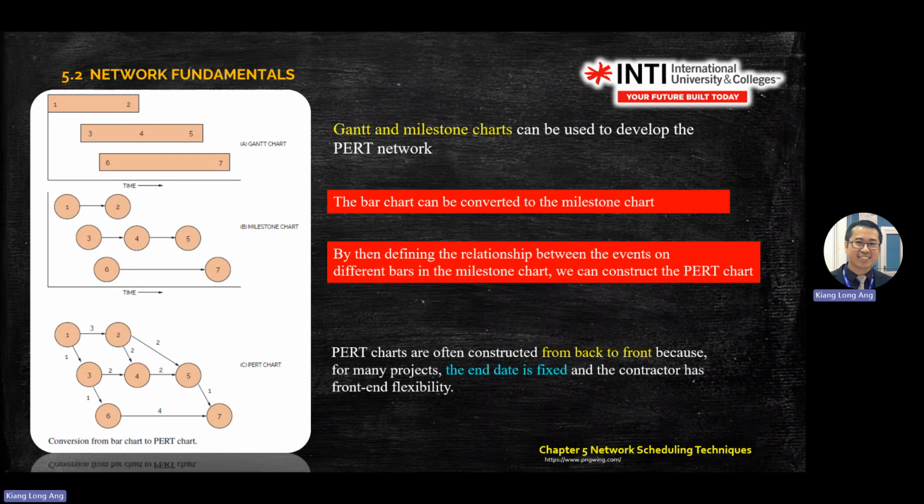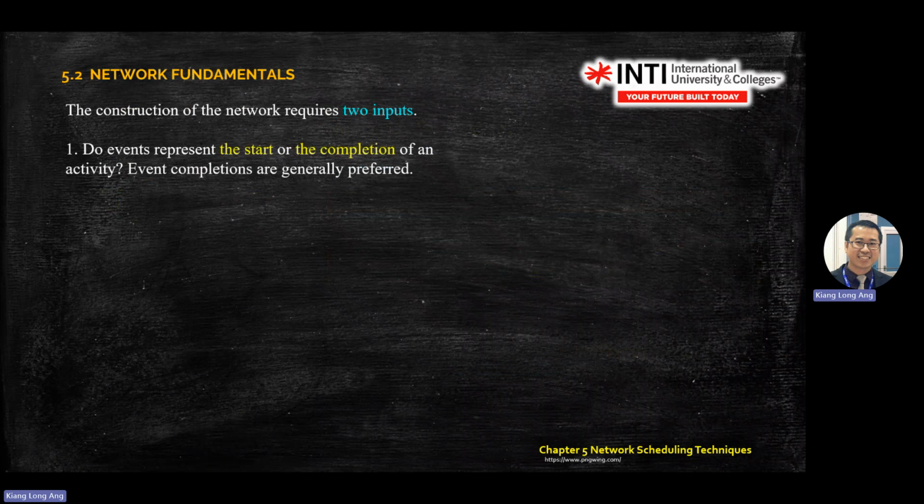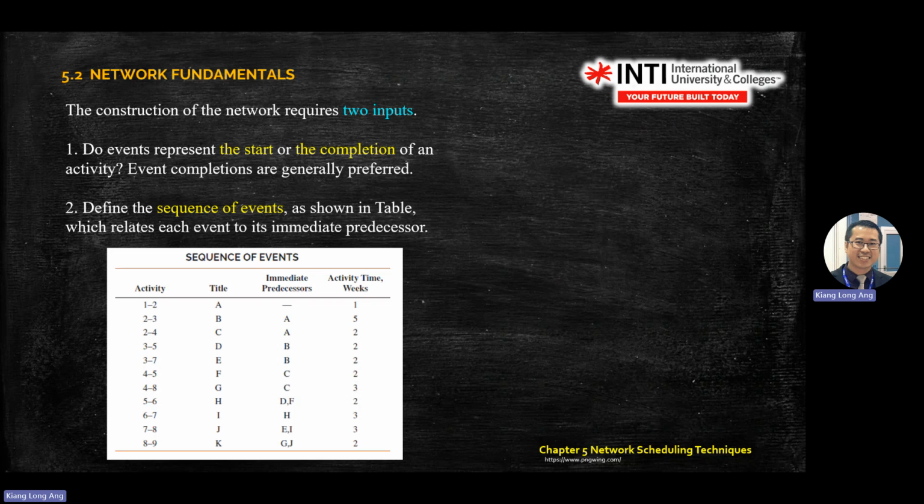The rest you also read. These are the proposed steps that we already covered. When you build a network, you need to consider the time that you need, start and end.